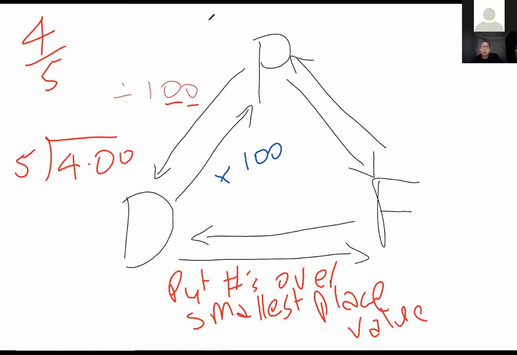Now, when I do this division, I start from the left with the big 4. 5 doesn't fit into 4. It goes 0 times, so I put a 0 above the 4. Decimal points line up, and then I combine that 4 with the next number, which is the 0, and I say, how many 5s fit into 40? I do my 5s times table: 5, 10, 15, 20, 25, 30, 35, 40, goes 8 times.